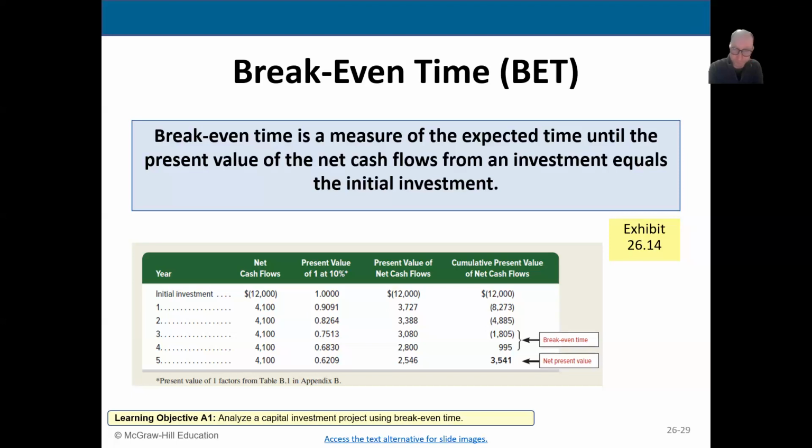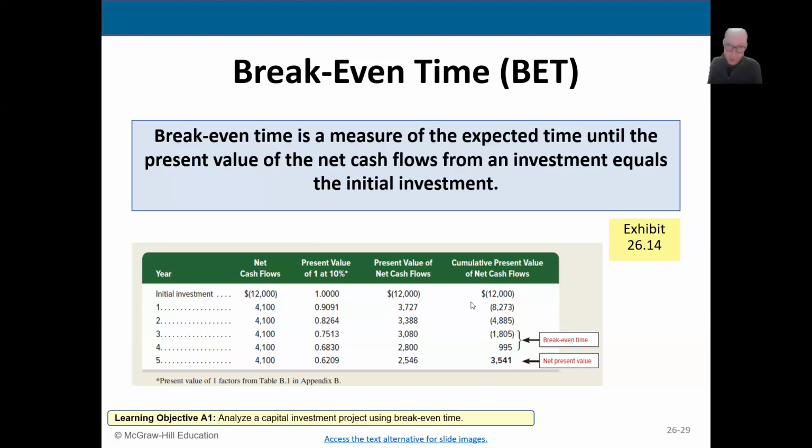Okay. Year 4 is 995 positive. That means I broke even before year 4. Year 3 was minus 1,805. That tells me I broke even somewhere between years 3 and 4. To figure this out in the exact amount of time, do it like this.